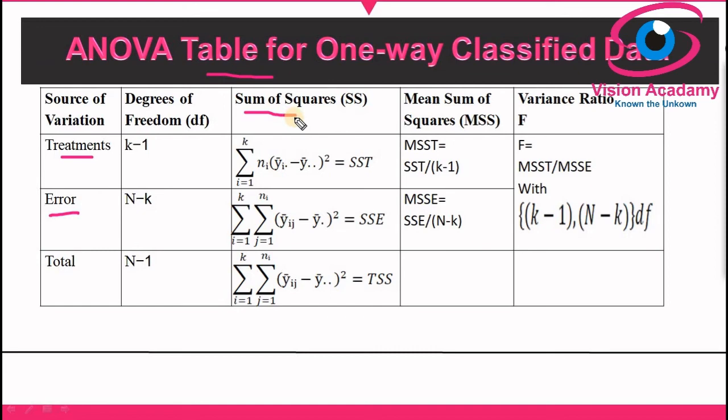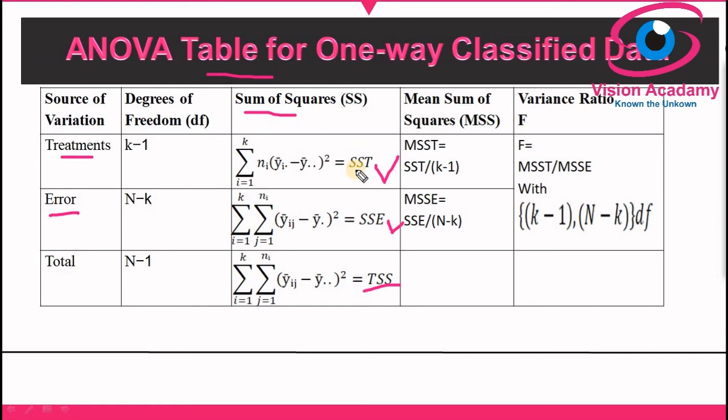Firstly we have to obtain sum of square, and then we will give mean sum of square. Under sum of square, we will get sum of square due to treatment and sum of square due to errors. When you add SST and SSE, you will get TSS. So that's very simple. In the sum of square we have two categories.